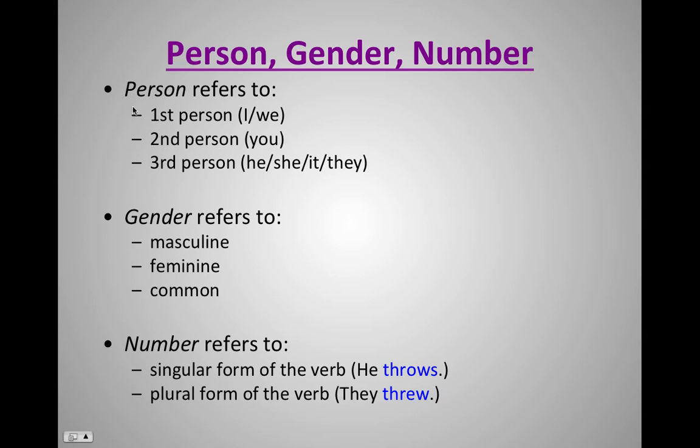So we have person, gender, and number. Gender refers to the subject of the verb, whether it's masculine, feminine, or common. Now in Hebrew, we've already talked about how every noun is either masculine or feminine. And so Hebrew verbs are essentially spelled a certain way to cause them to match up with their subject noun, whether it's masculine or feminine.